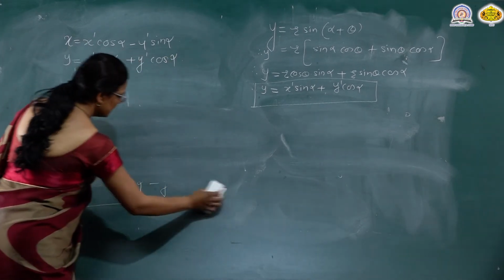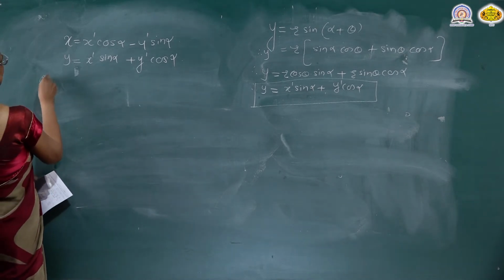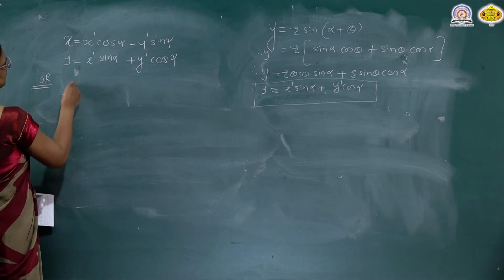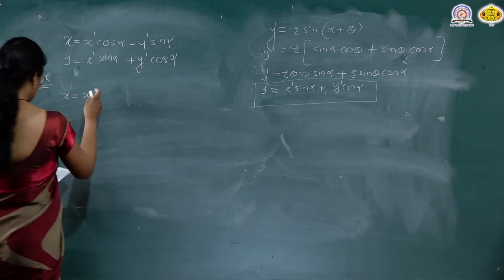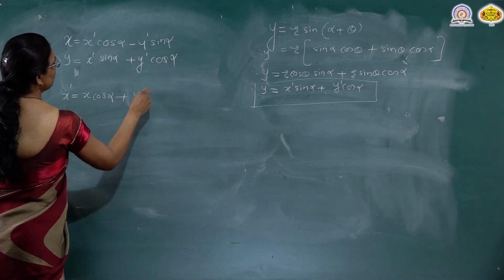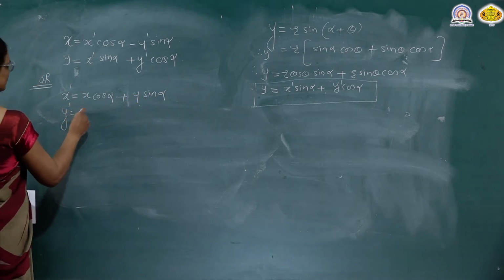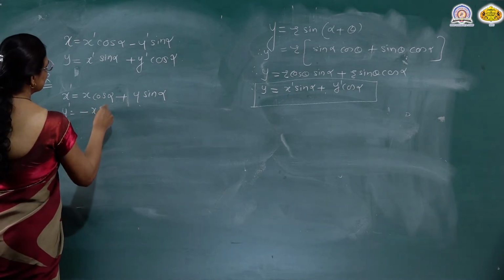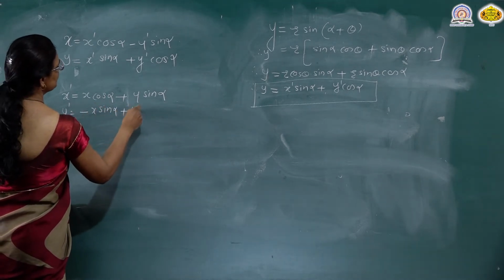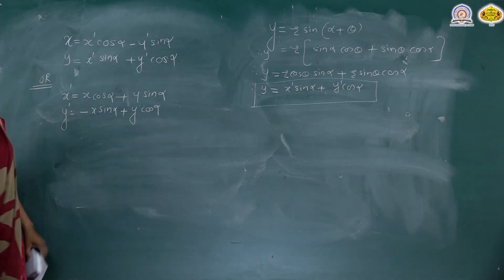Solving these two equations for x dash and y dash, we will get the other equations. x dash equals x cos alpha plus y sin alpha and y dash equals minus x sin alpha plus y cos alpha.